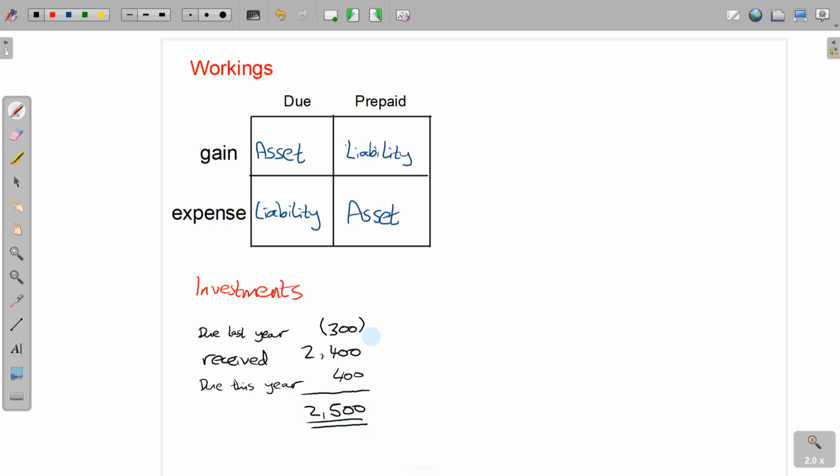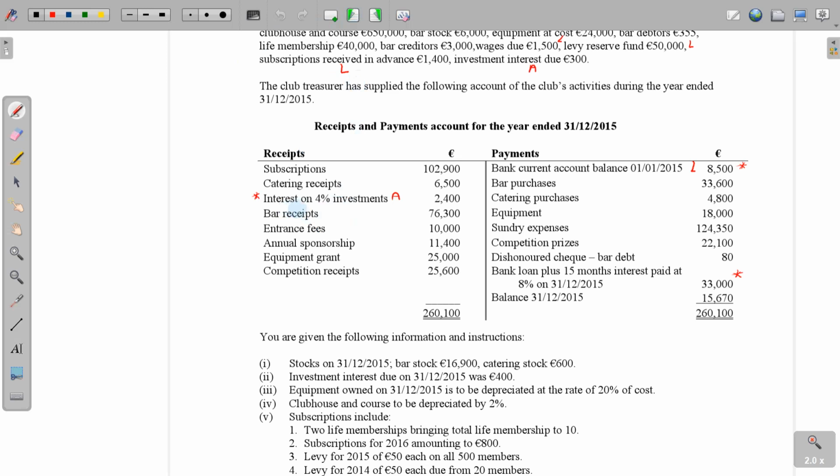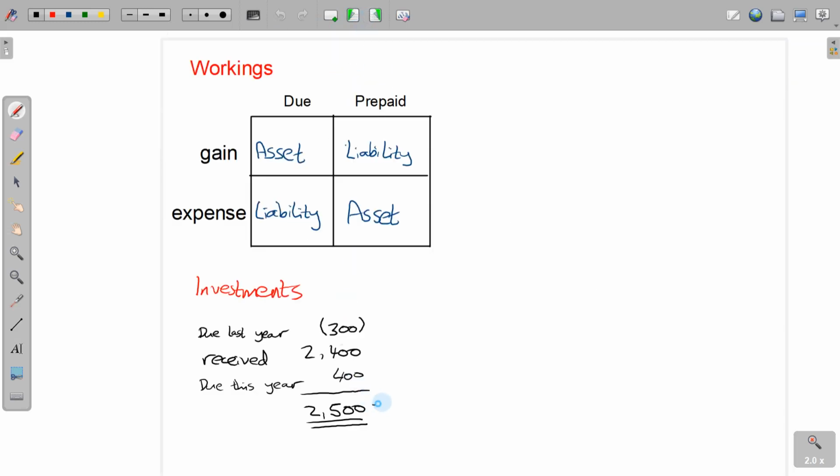Now, if we go back to the question, we can see that the 2,500 is 4% of our initial investment. We want to figure out what our actual investment was. So we divide 2,500 by 4 and multiply by 100.